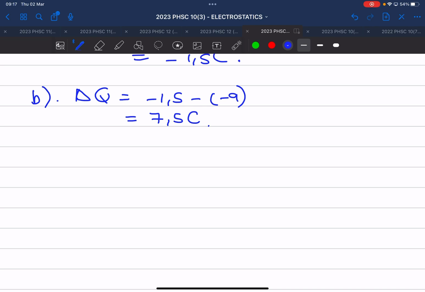Right. But we want to know how many electrons. So the charge is 7.5. That is 1.6 times 10 to the power negative 19. Who is on it? You are on it.